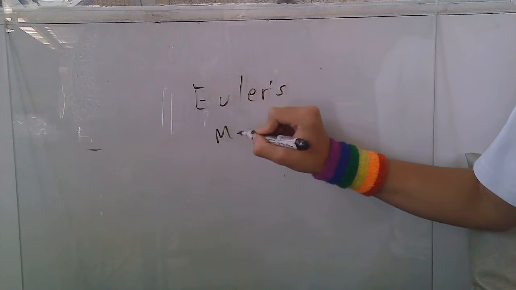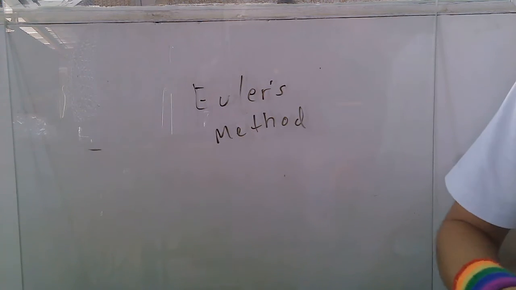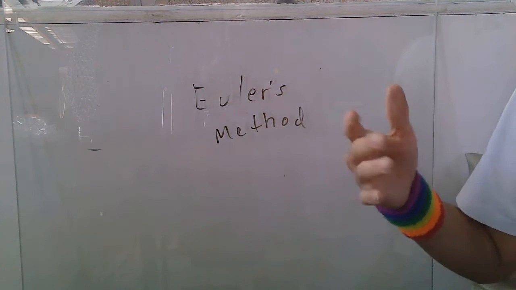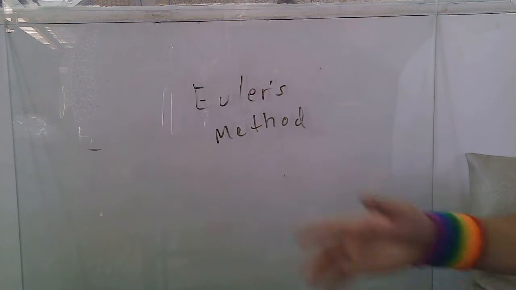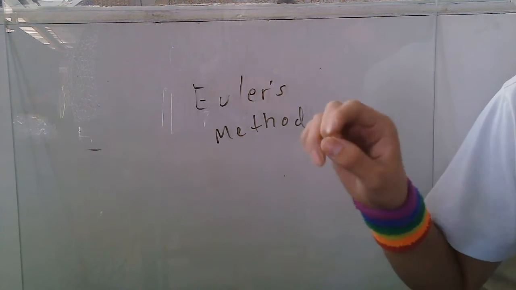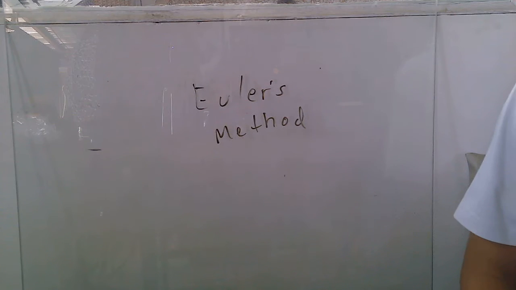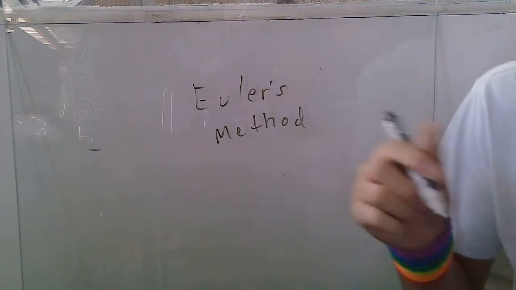Euler's method. Most of you would probably pronounce this as Euler, but it's actually pronounced Euler. So Euler's method is a way to approximate a function given an initial nudge, delta x, and given an initial value.